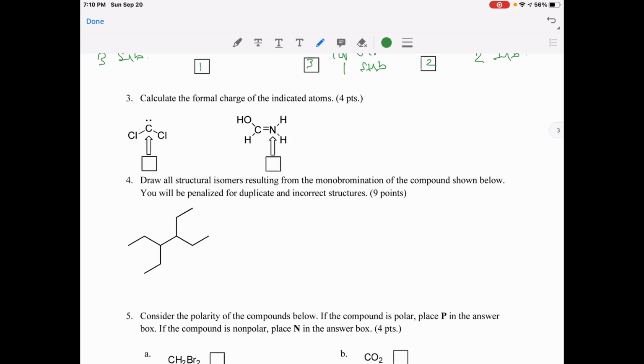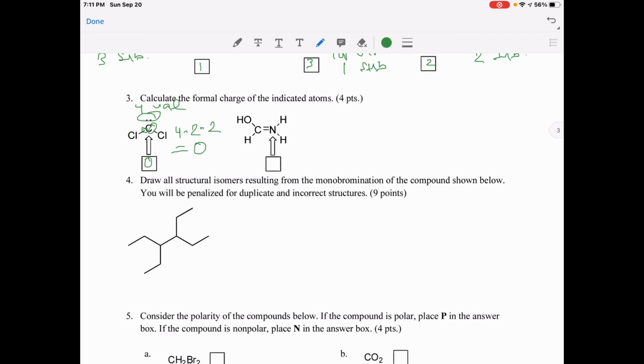For example, for the left molecule, carbon has 4 valence electrons, and you can subtract from that 2 for the lone pair, so now you have 2, and if you take away 1 electron from each of the bonds, you take away another 2. So what you're left with is 4 minus 2 from the lone pair, and 1 from each of the 2 bonds, so that would be another minus 2, and that leaves you with a formal charge of 0.